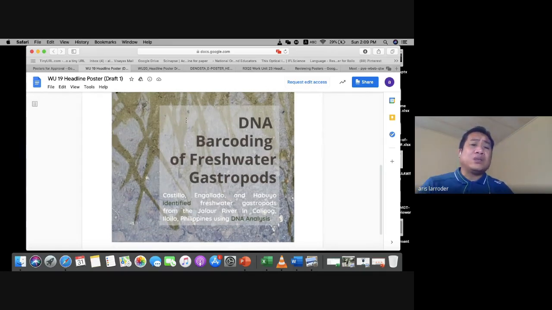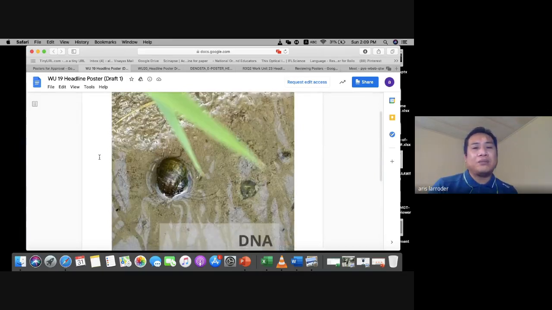How many new species are determined or are suspected to be a new species subject for confirmation? Like you present it like there are two new species of gastropods in this particular area.